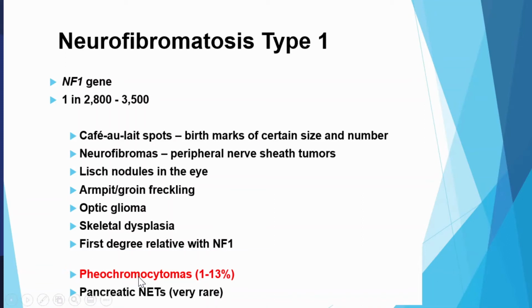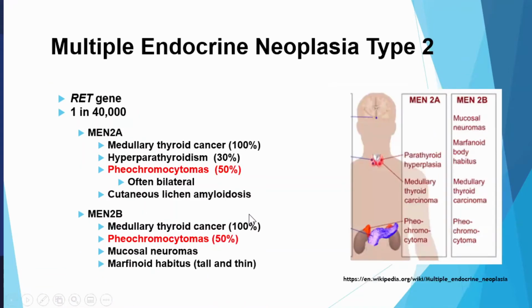Pheochromocytomas are not part of the clinical criteria for diagnosing NF1, but they can occur at an increased frequency compared to the general population. About 1 to 13% of people with NF1 will develop a pheochromocytoma. There's also some risk for pancreatic neuroendocrine tumors in people who have NF1 as well.